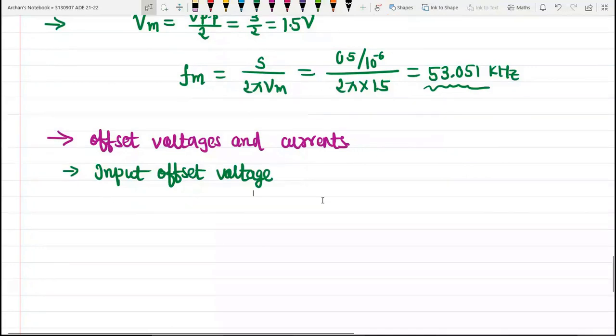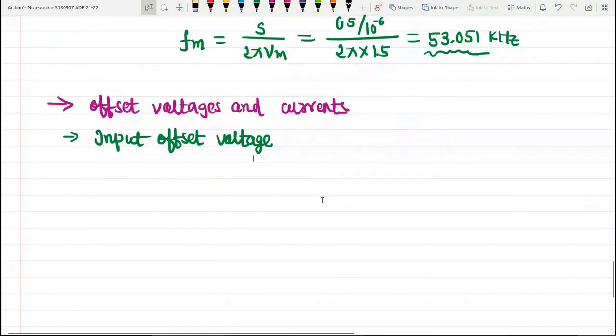Okay, see, whenever both the input terminals of the operational amplifier are grounded, ideally what should be the value of output voltage? It should be equal to 0. However, in this condition, the practical op-amp will show a very small non-zero output voltage. Okay, why?